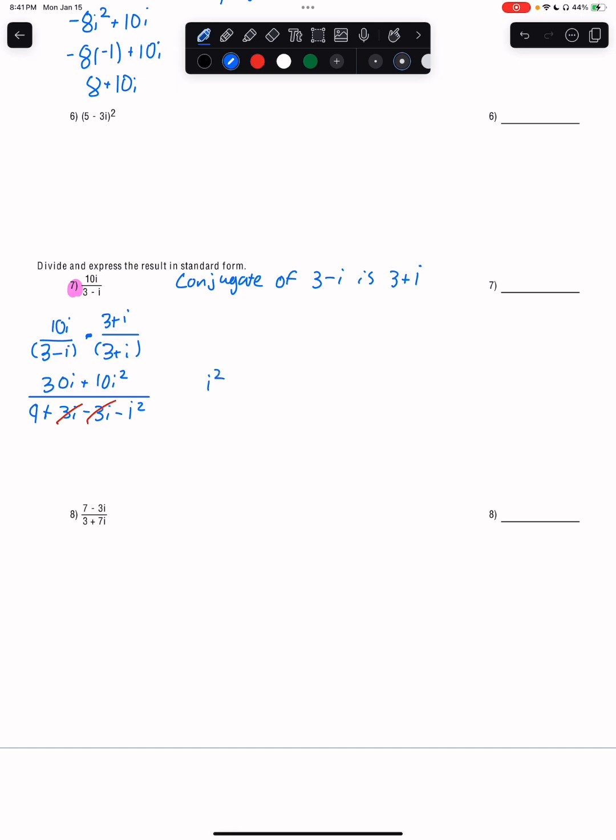Remember that i squared is just -1. So we can simplify, which this will just become plus 1, because minus a negative just makes it plus.